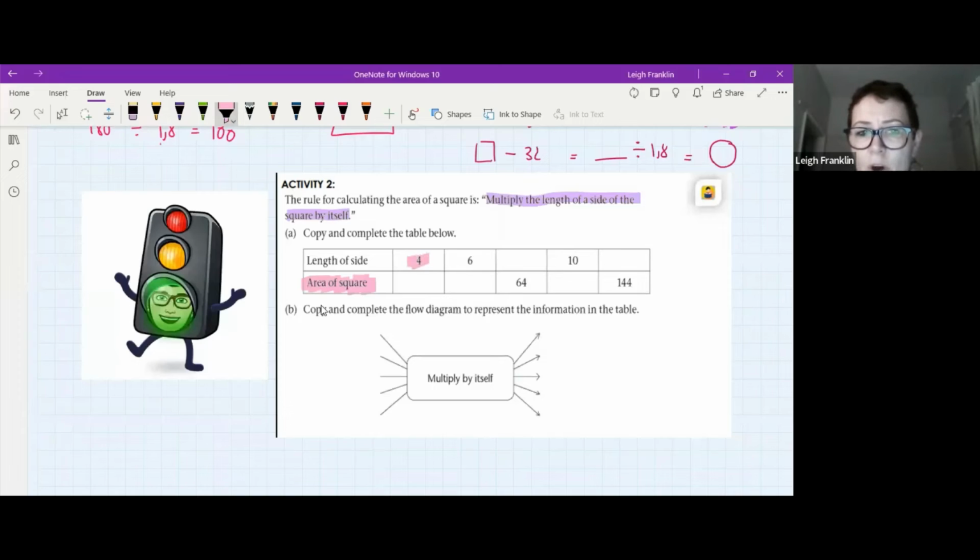So if the length of the side of a square is 4, and we have to multiply 4 by itself to get the area, what would the area of the square be? Does that make sense to you now? Yes, ma'am, thank you. Okay.